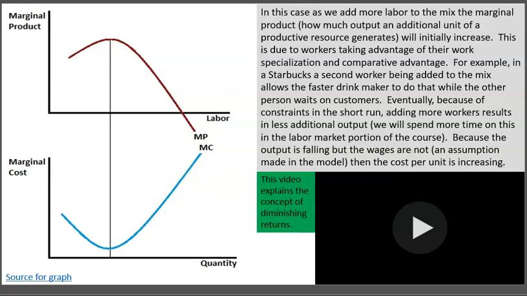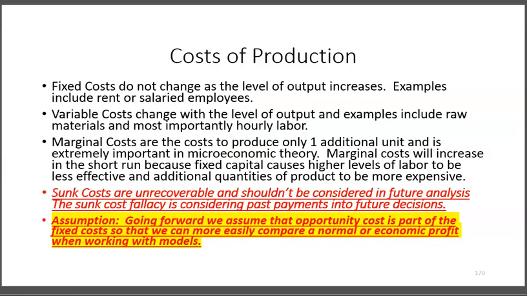Now, when we think about the costs incurred by a particular firm, there are a few broad categories, okay? Marginal cost is the cost to produce one additional unit, okay? And this is extremely important in microeconomic theory because you will continue to make product as long as the marginal revenue, how much money you get from selling that one unit, is higher than the marginal cost, how much it costs to produce that one more unit.